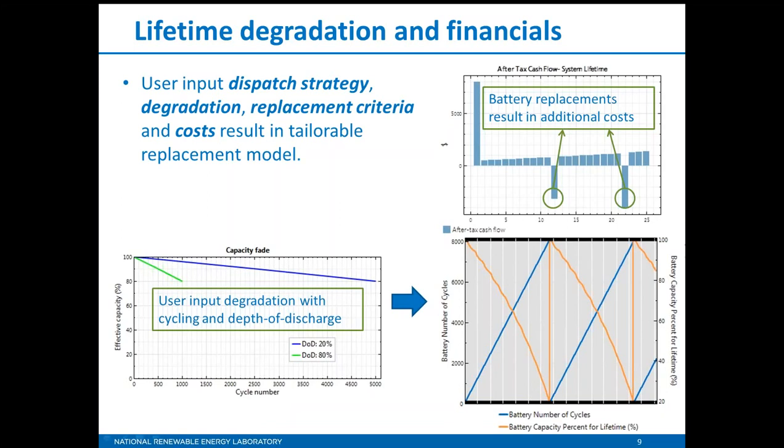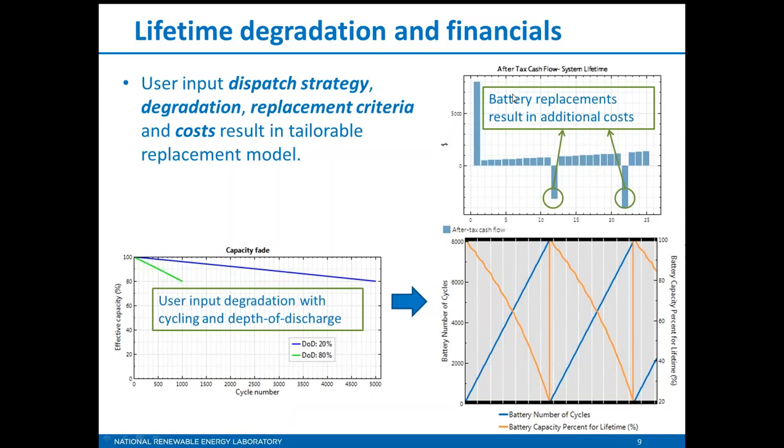So in this case, after about 1,000 cycles at this depth of discharge, the battery has degraded to 80% of its original maximum capacity. Whereas for the blue line here, if you only cycle it to an average depth of discharge of 20%, so you're not discharging it as deeply, you can get about 5,000 cycles before it has degraded 80%.